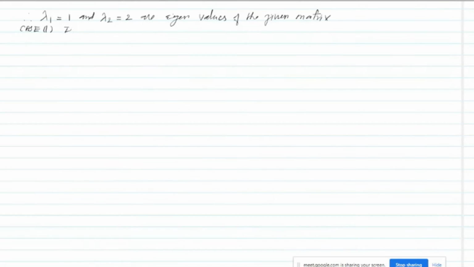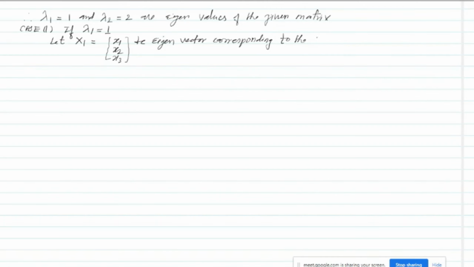Okay. First case, if lambda 1 equal to what? 1. If lambda 1 equal to 1, let X1 equal to x1, x2 and x3 be the eigenvector corresponding to the eigenvalue lambda 1 equal to 1.